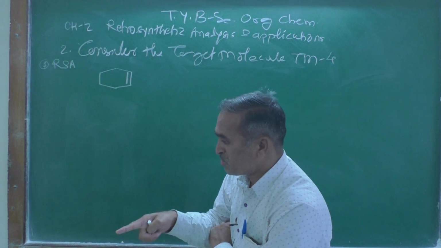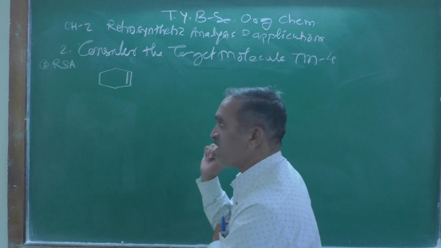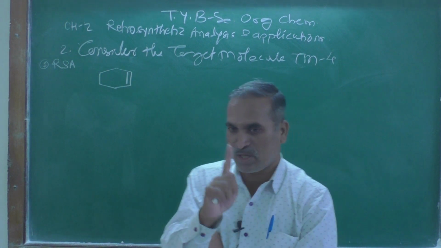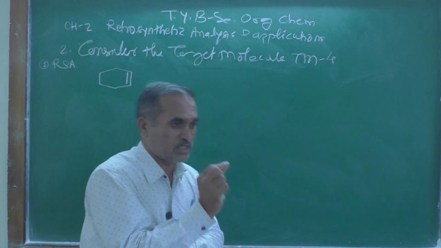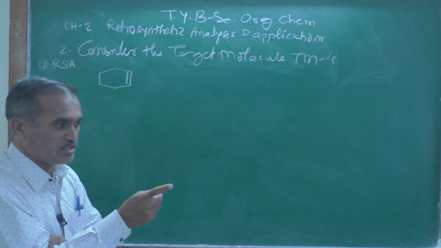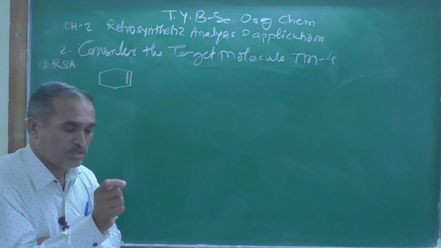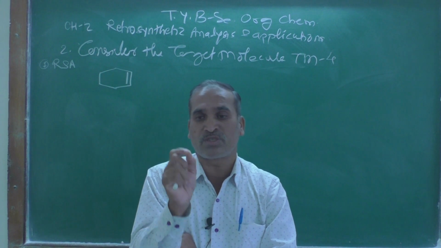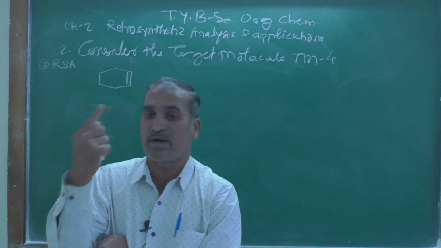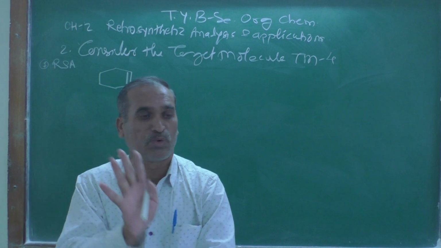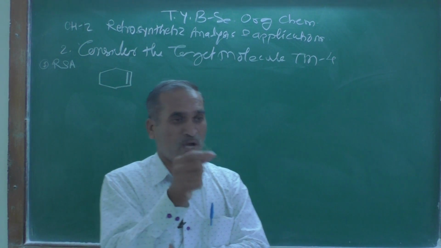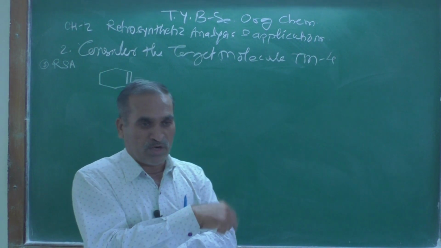So at first glance, when you observe this target molecule, you should notice what the functional group is. At T.Y.B.Sc level, only one functional group disconnection is discussed, not multiple groups. So focus your concentration on only one functional group.